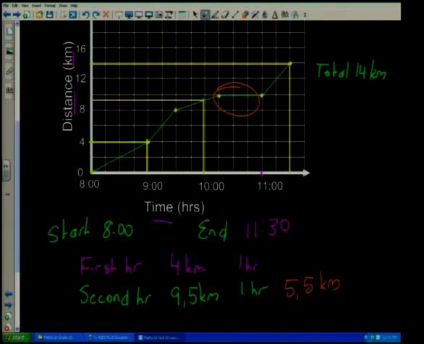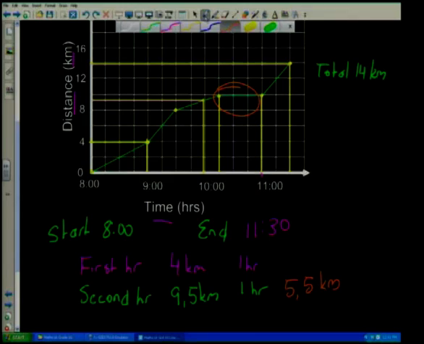From just after 10, from 10:15, let's get a line. From this point here, which I say is 10:15, to this point here, what actually happens? She stays stationary. Her number of kilometers does not move at all.